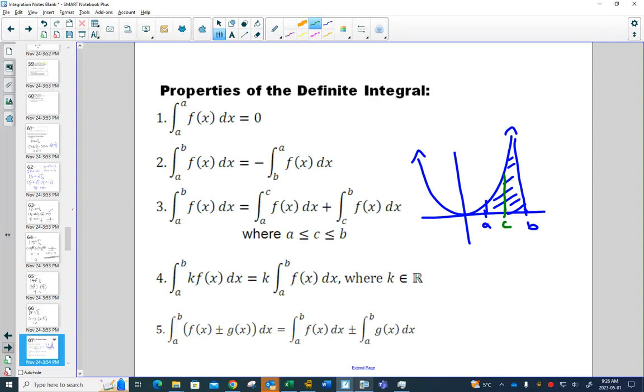So we can break up an integral if we want to, and we're going to want to do this in some cases. The entire area would just be the same as breaking it up into 2 areas and adding them. When you see the picture, it makes total sense. And that is what it looks like when you're talking with integrals.